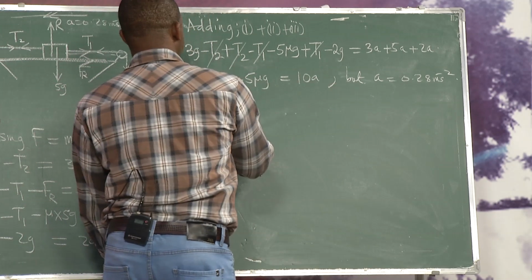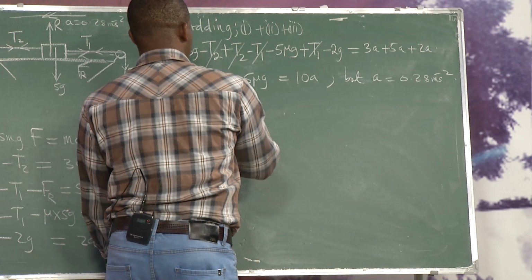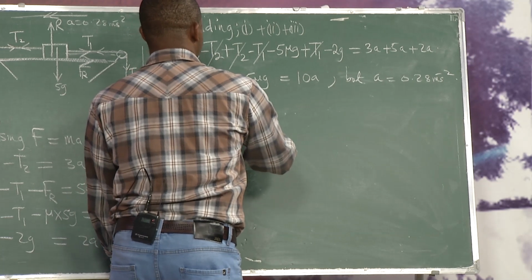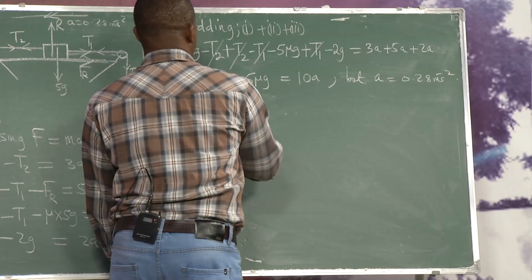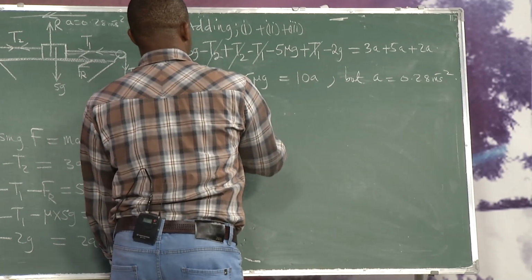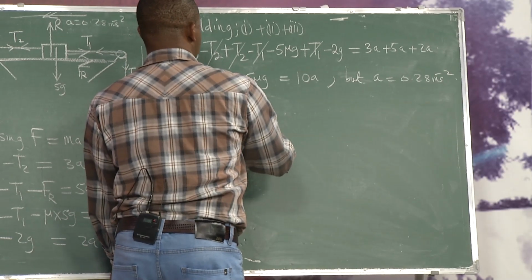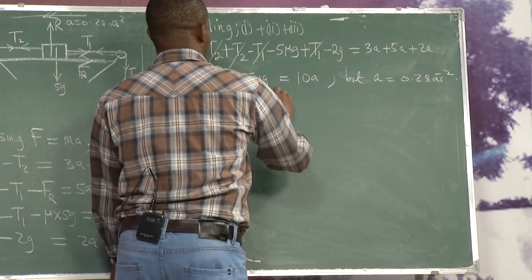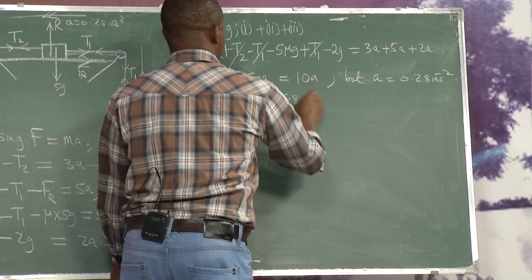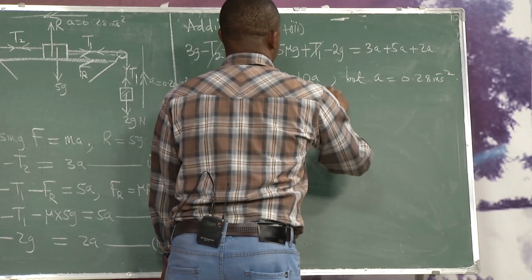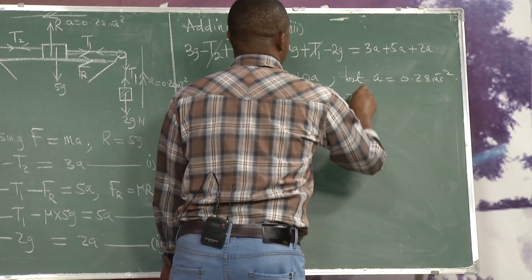So my a, my g into 1 minus 5 mu. Okay, I can say my 9.8, since g is known, minus 5 mu times 9.8 will be equal to 10 times 0.28.